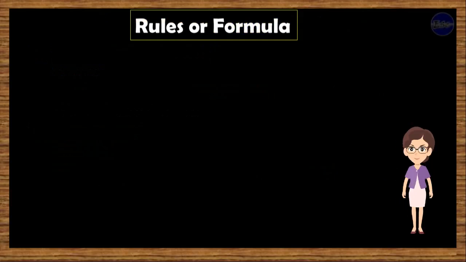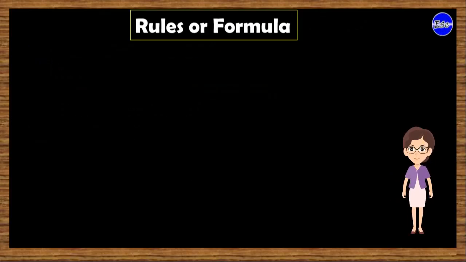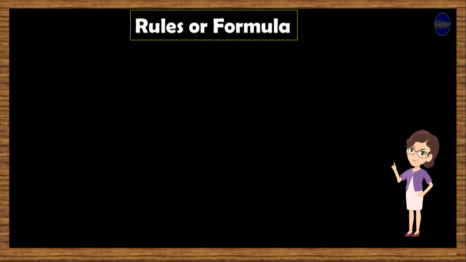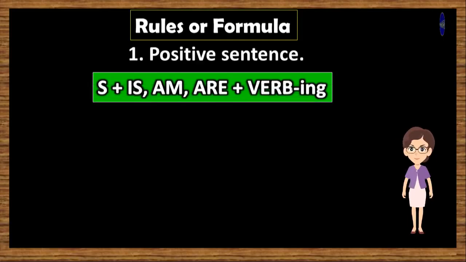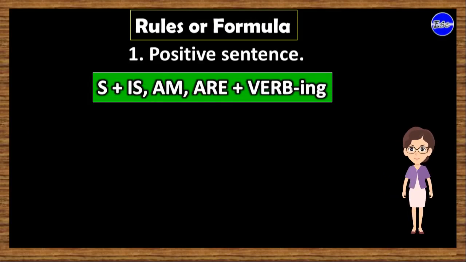Rules or formula of present progressive or continuous tense. As you have seen in the underlined and colorful words in the previous examples, the formula of present progressive or continuous tense for a positive sentence is subject plus to be (is, am, are) plus verb-ing.